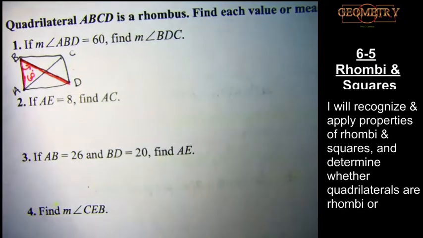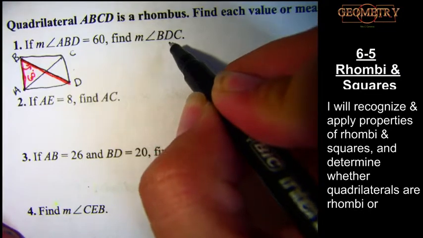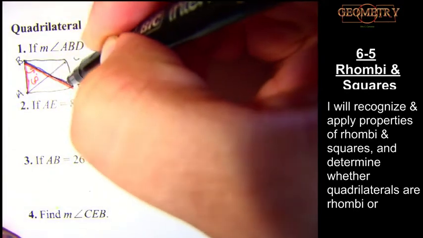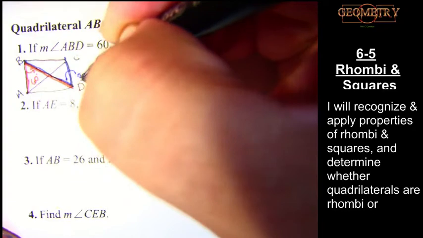I want to know what is the measurement of angle BDC. Start at B, go to D, end at C. I want to know what is the measurement of that angle.